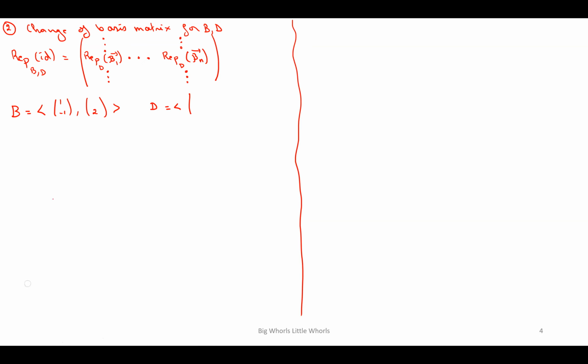Is it the other way around? Okay, it is (-1, 1) and (2, 2), and when it comes to D it is (0, 4) and (1, 3).